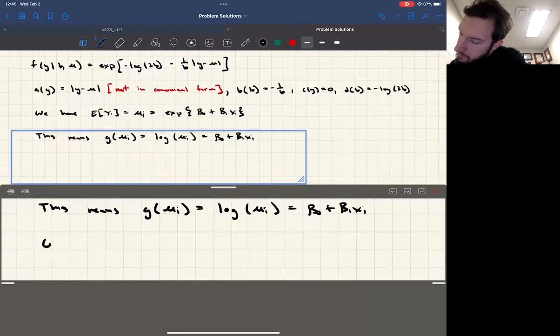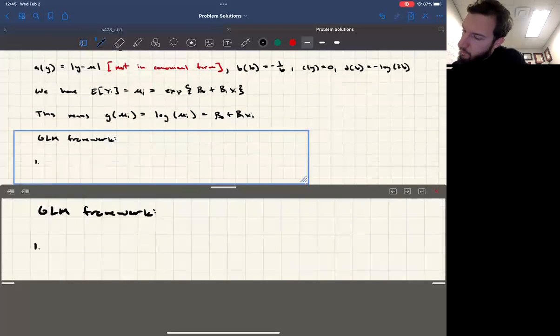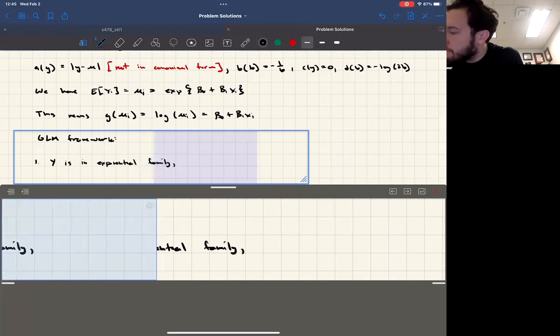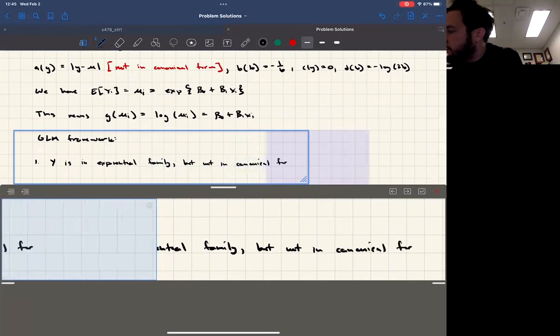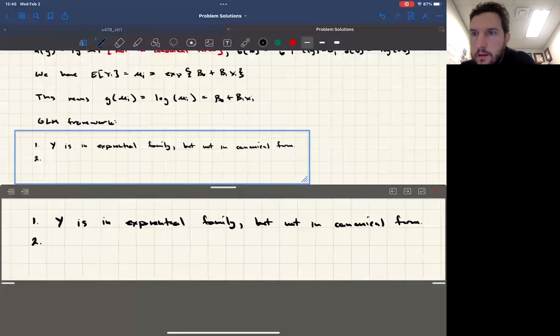All right, so the GLM framework has three components. One, y is in the exponential family, but not in canonical form. Two, we have to give our model coefficients.